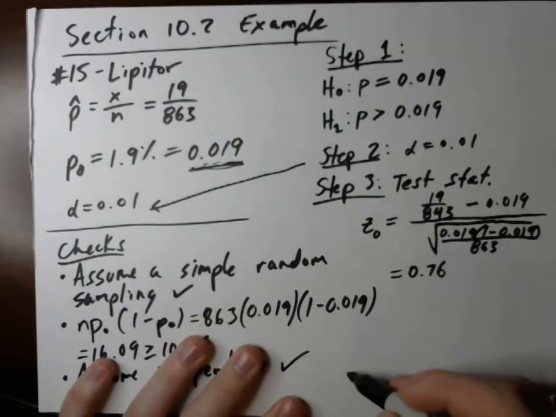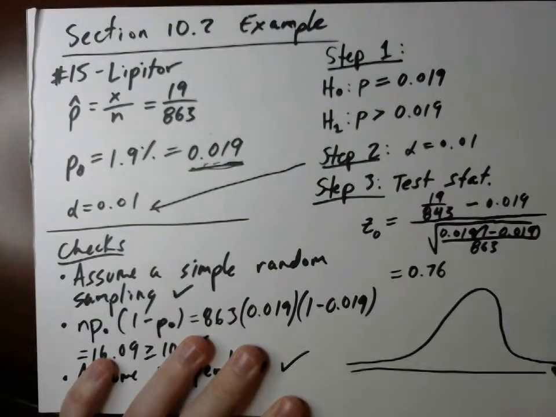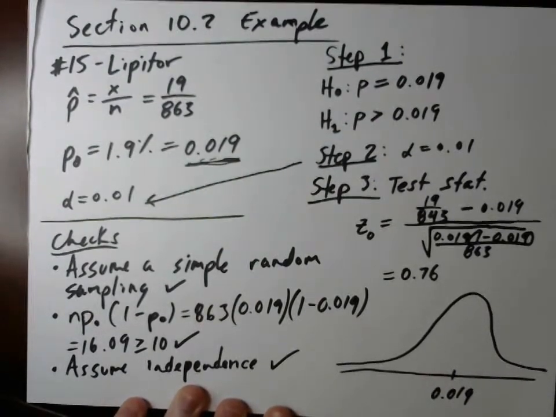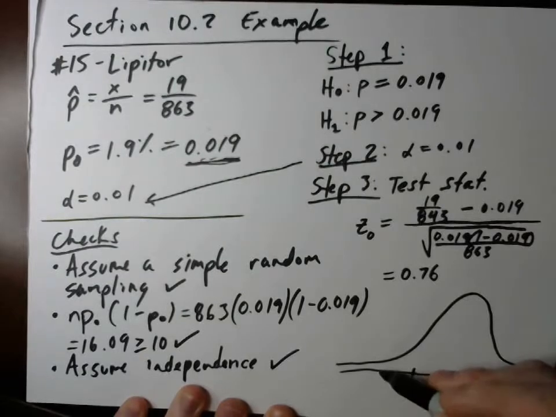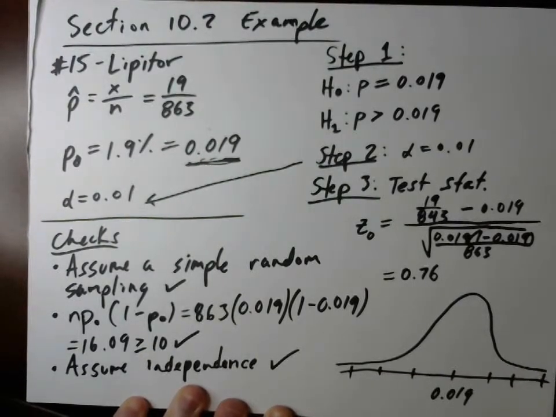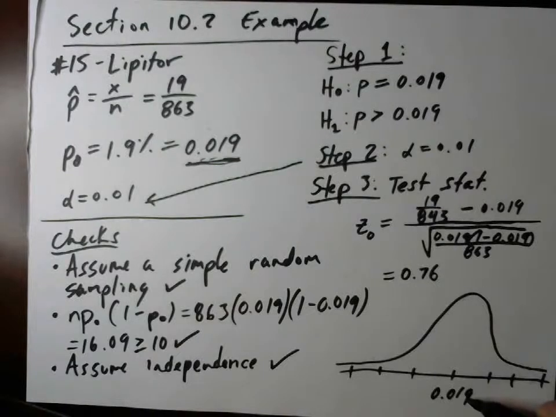Just to picture what's going on, it's always good to draw a picture. We're assuming that this is correct, so we're assuming that the center of our distribution is 0.019. Then we're trying to figure out how many standard deviations 19 over 843 is from our claimed value.